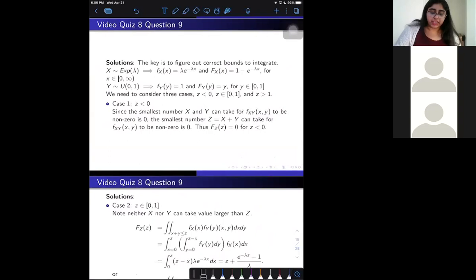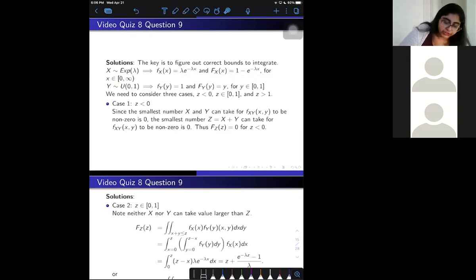The key is to figure out the correct bounds to integrate. We know that x belongs to the exponential distribution. The marginal of x is just the PDF of this, which is lambda times e to the negative lambda x, and the CDF of the exponential distribution is 1 minus e to the negative lambda x, which is true for x from 0 to infinity.